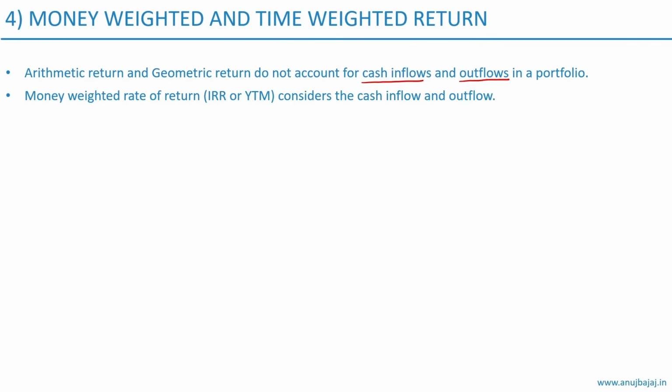So money weighted rate of return is such a measure which considers the impact of cash inflow and cash outflow. Money weighted rate of return is very similar to the internal rate of return or the yield to maturity. You will learn about these in the future learning modules.